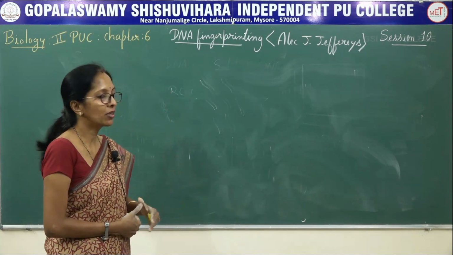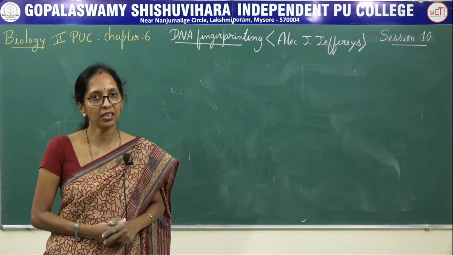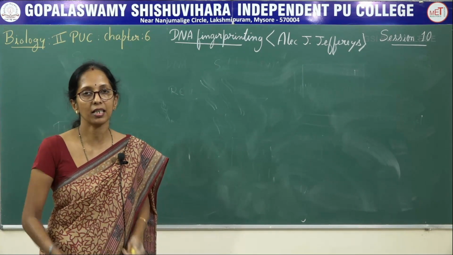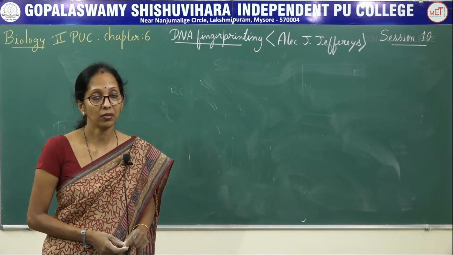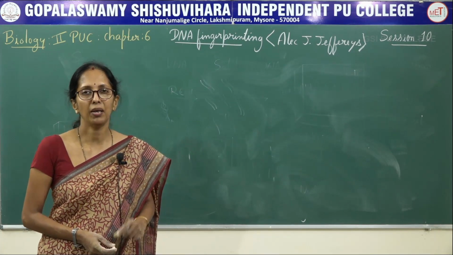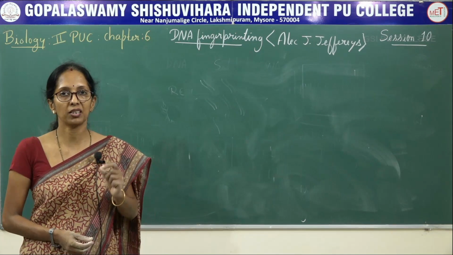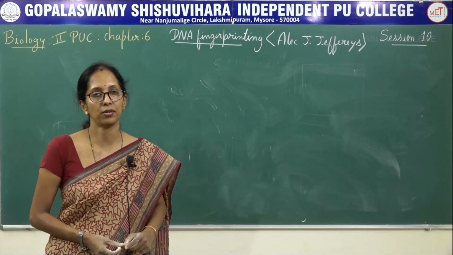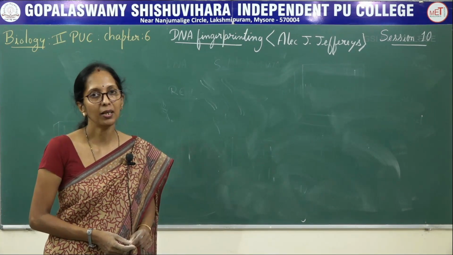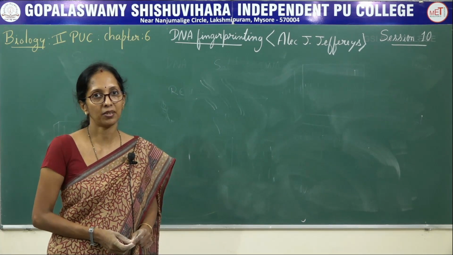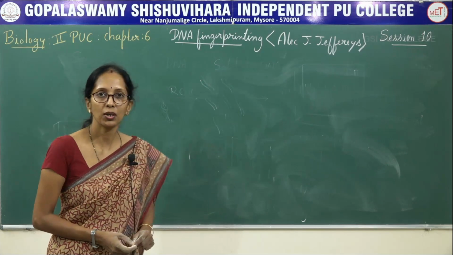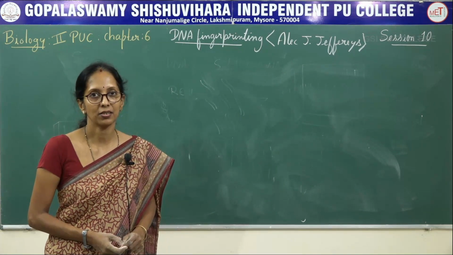And then coming to the last part, DNA fingerprinting or genetic fingerprinting, that is nothing but the identification of a particular individual mainly due to the presence of particular DNA sequences. I hope you understood this chapter number 6, the molecular basis of inheritance. Thank you.